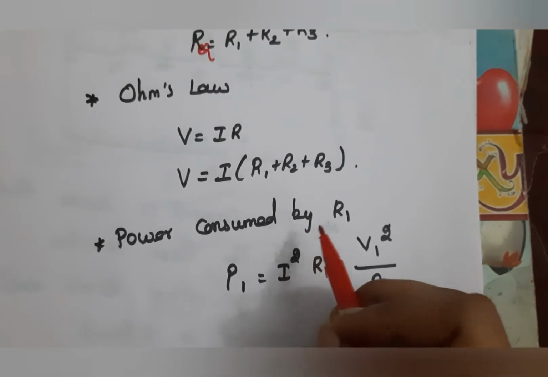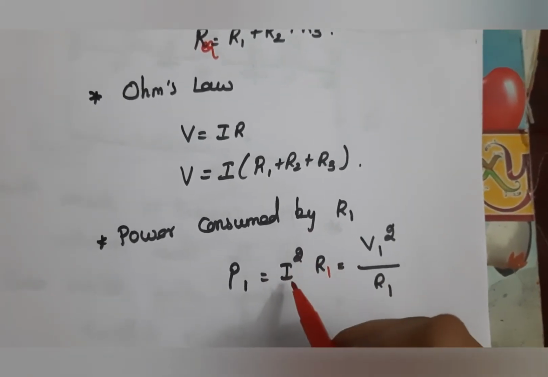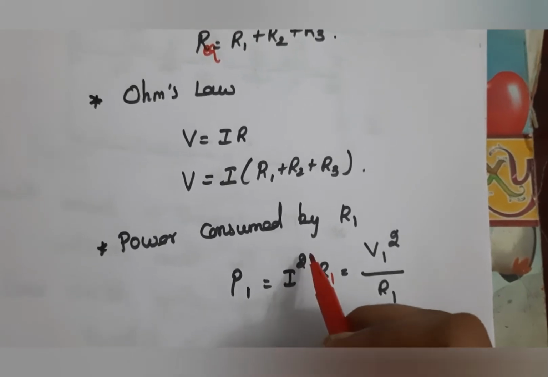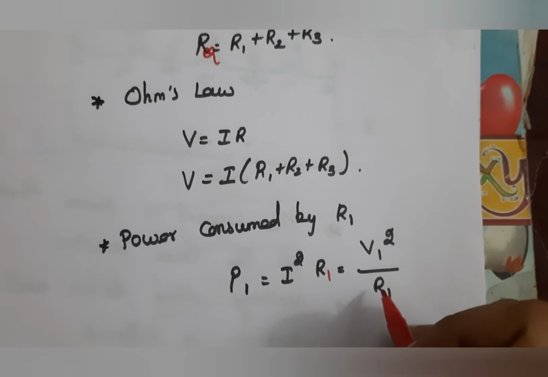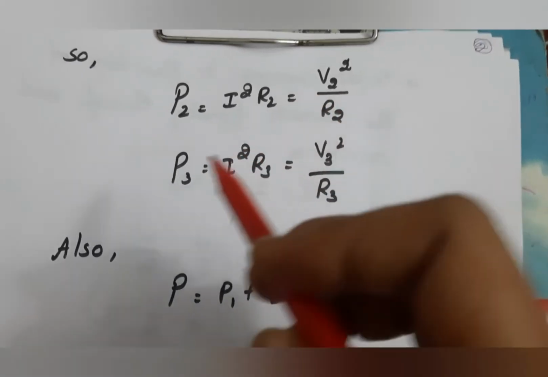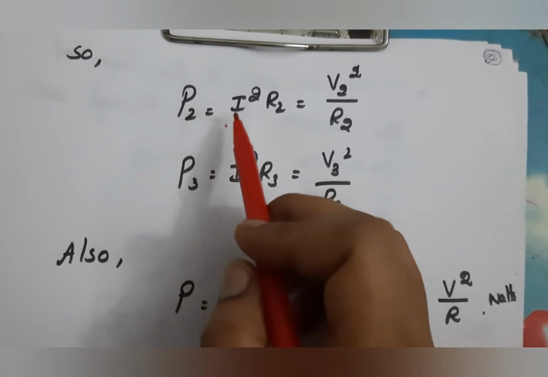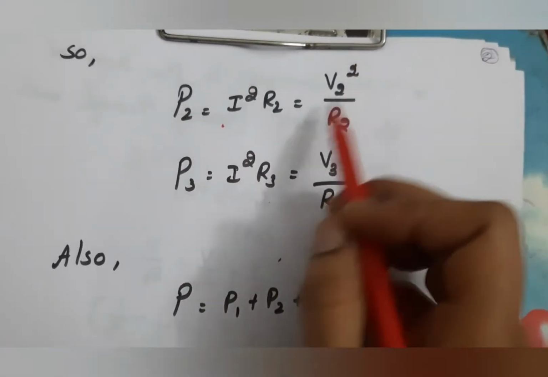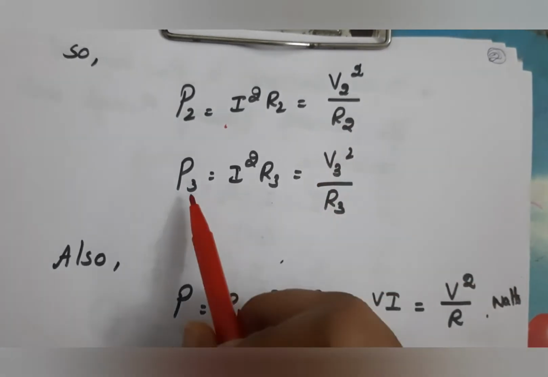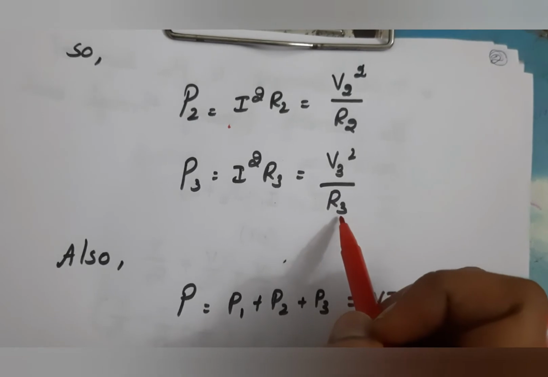So the power consumed by R1, that is P1, is equal to I square R1, where I is the same for all resistors, and that is equal to V1 square divided by R1. Similarly, the power consumed by resistor 2, P2, is equal to I square R2, which is equal to V2 square divided by R2. P3 is equal to I square R3, which is equal to V3 square divided by R3.